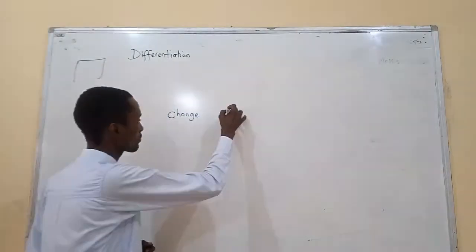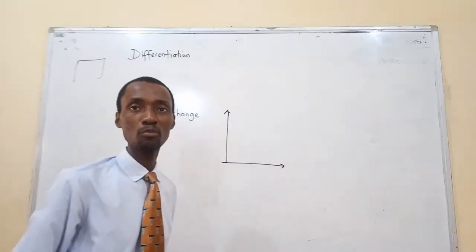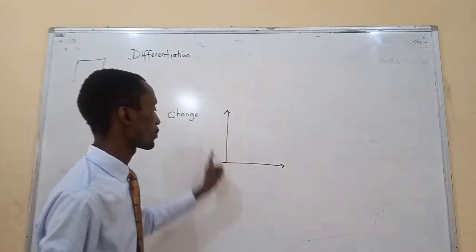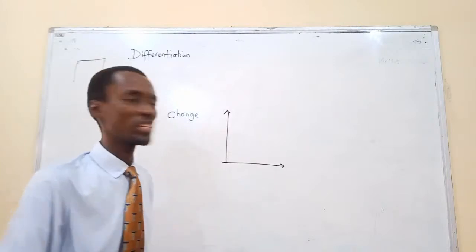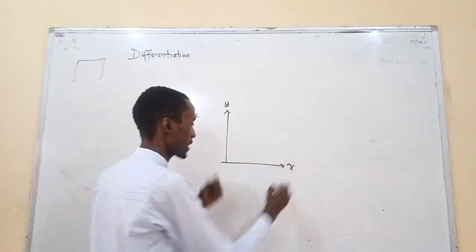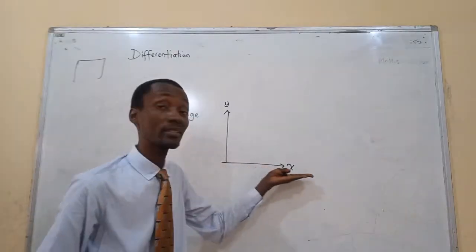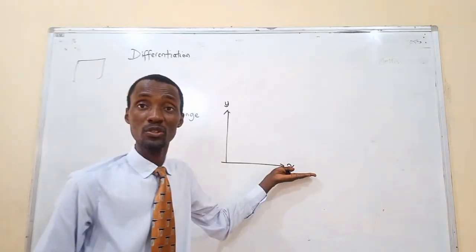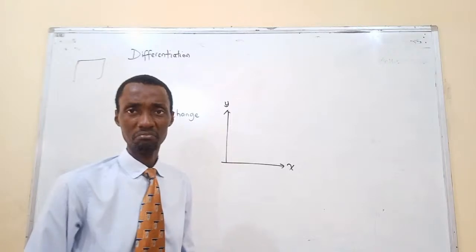In your mathematics, you will talk about vertical and horizontal movements. So when we talk about change, we're talking about what is happening in your vertical over what is happening in your horizontal. We know that we represent X as our horizontal and Y as our vertical.